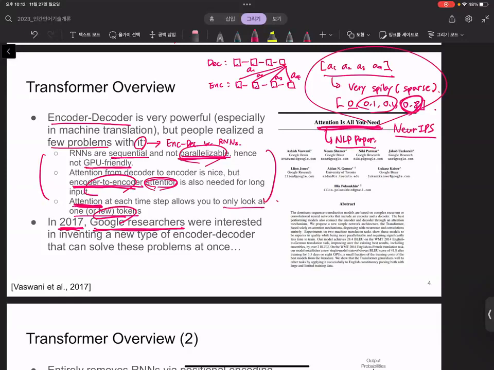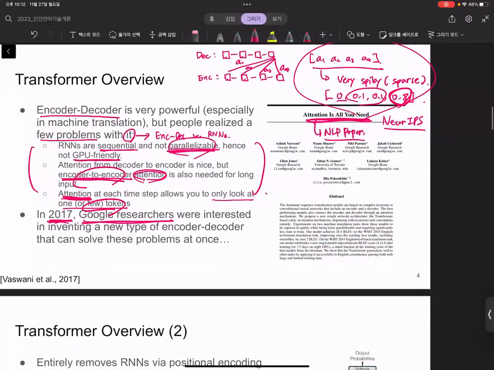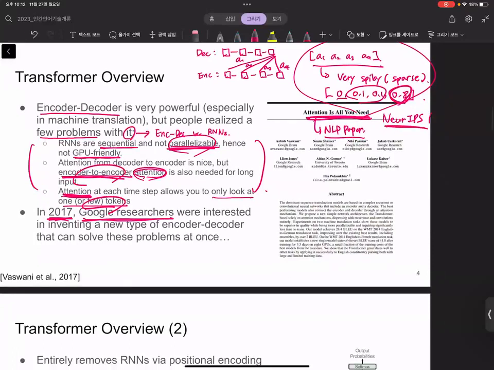So I think this could be published in EMNLP or ACL, which are the natural language processing conferences, but they chose to publish this paper in NeurIPS, which is the top ML conference.